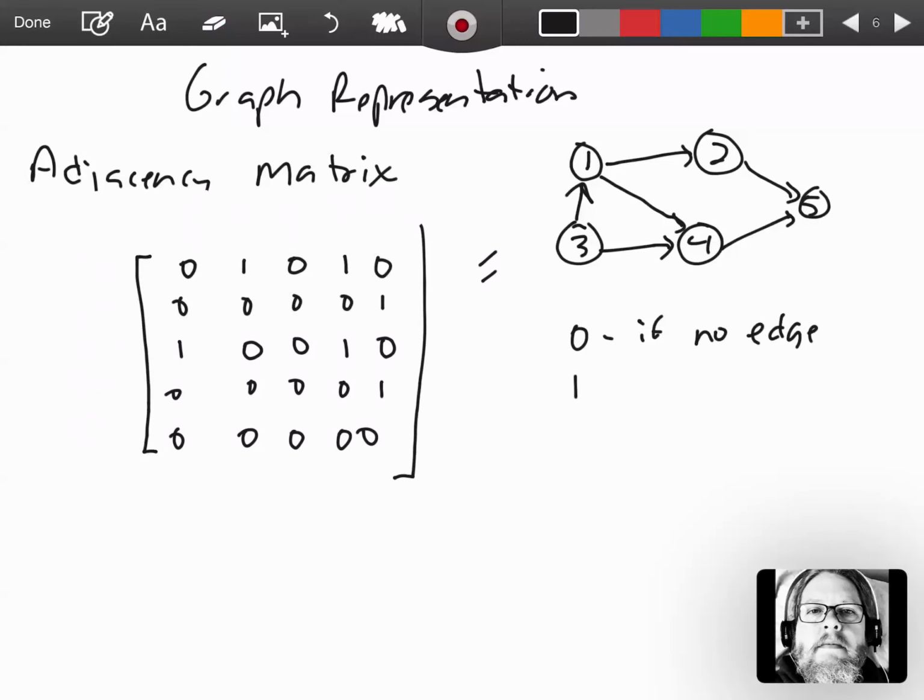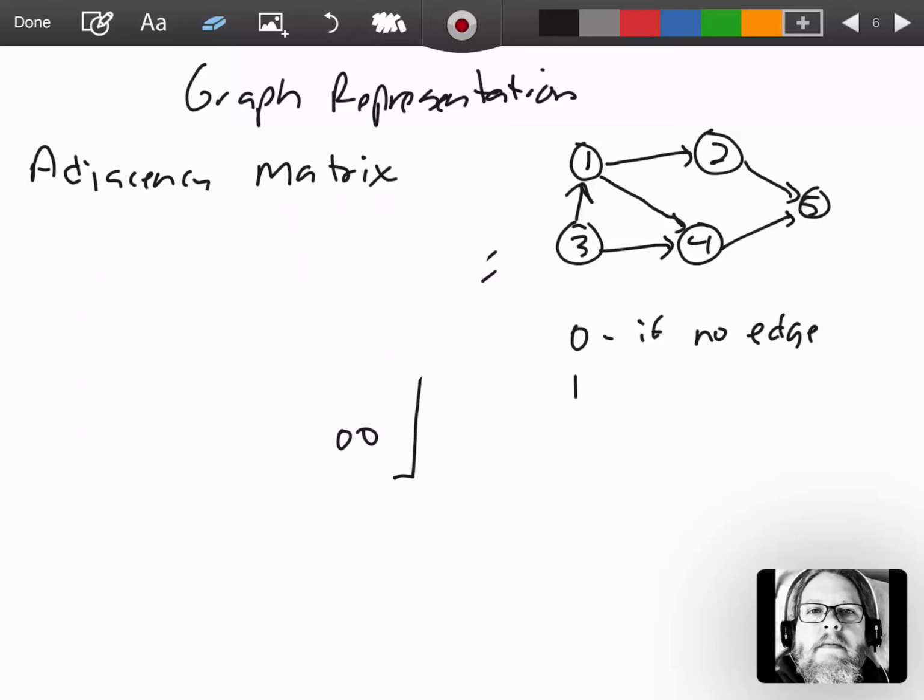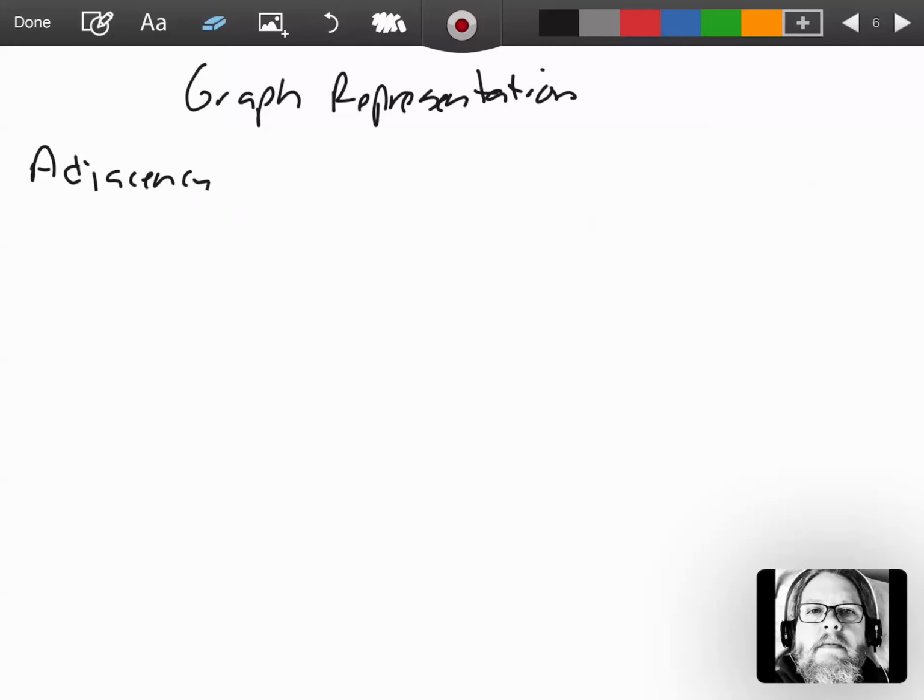Okay. The other way we could do it, and this is for a different graph, is an adjacency list. So this time we're going to look at 0 can go to a 1.